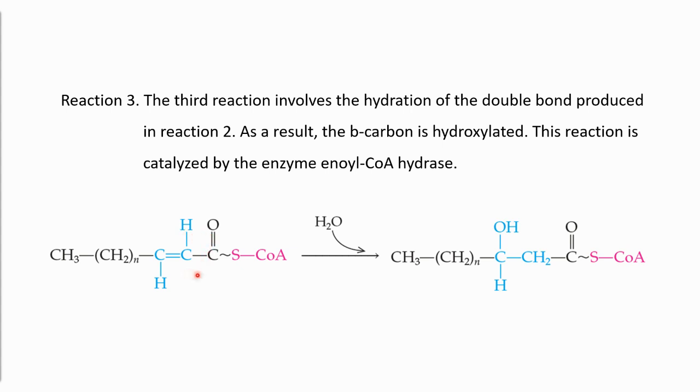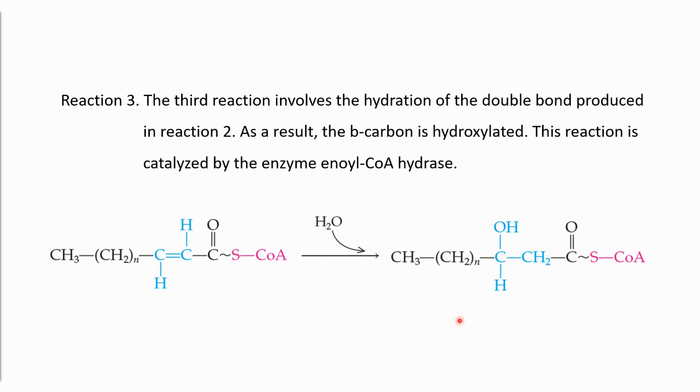So this is the terminal part. Hindi po kasama to kasi po it is part of the CoA. Okay, so ito lang within beta and gamma po. So since this beta is near the end or the terminal, the hydrogen will attach itself on the beta, and then the hydroxide will attach itself with the gamma, giving it a hydroxide. Okay, so that's what happened.